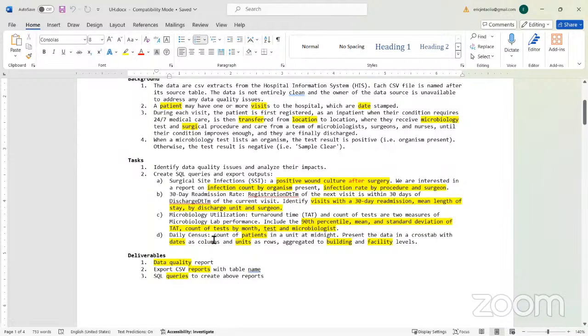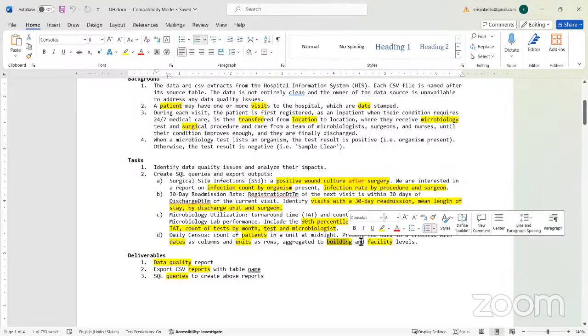The last one is the capacity, the number of patients and capacity. So it counts the number of patients in your unit at midnight, and then asks you to present the data in a crosstab with dates as columns and units as rows, very specific, and aggregated to building and facility levels. And you notice that this is a dimension, right?